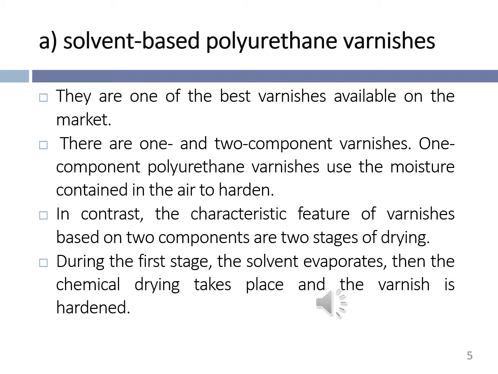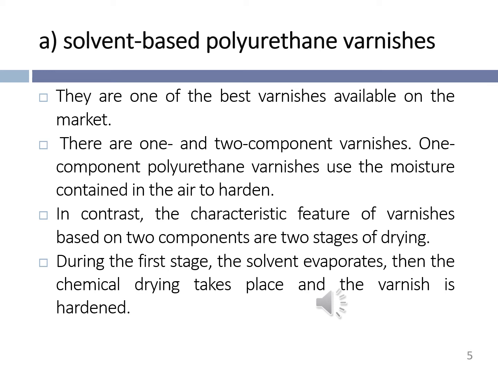What are the functions of one component polyurethane varnishes? The one component polyurethane varnishes use the moisture that is contained in the air, and they use this moisture to harden the coating.